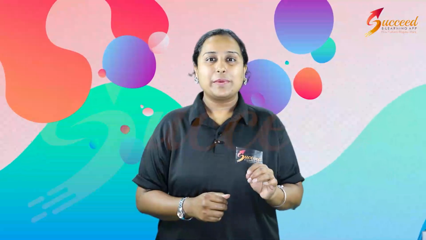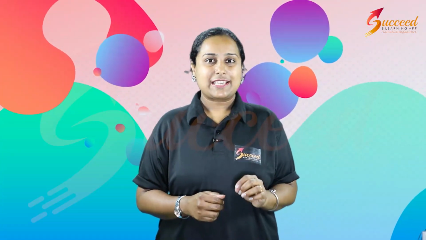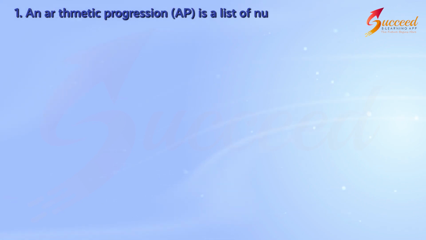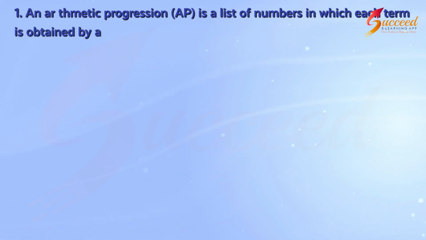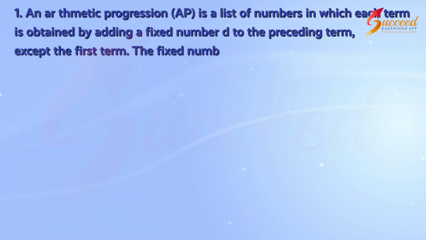Now let's have a quick glance at all the important points which we have studied in this chapter of arithmetic progression. First point, an arithmetic progression is a list of numbers in which each term is obtained by adding a fixed number d to the preceding term except the first term. The fixed number d is called the common difference.